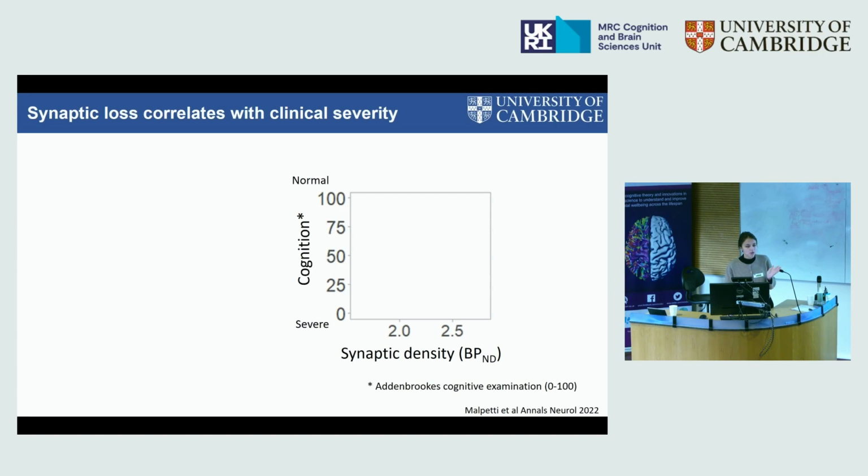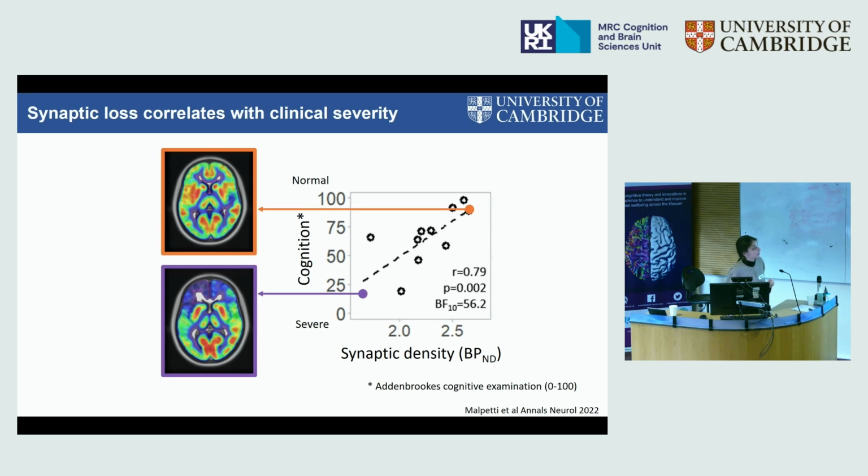Then we wanted to identify whether this synaptic loss was also clinically relevant. So we correlated the synaptic loss identified with the UCB-J PET with cognition using the ACE-R, the Addenbrooke's Cognitive Examination, which is a scale that goes from 0 to 100, where 100 is normal and 0 is very severe.